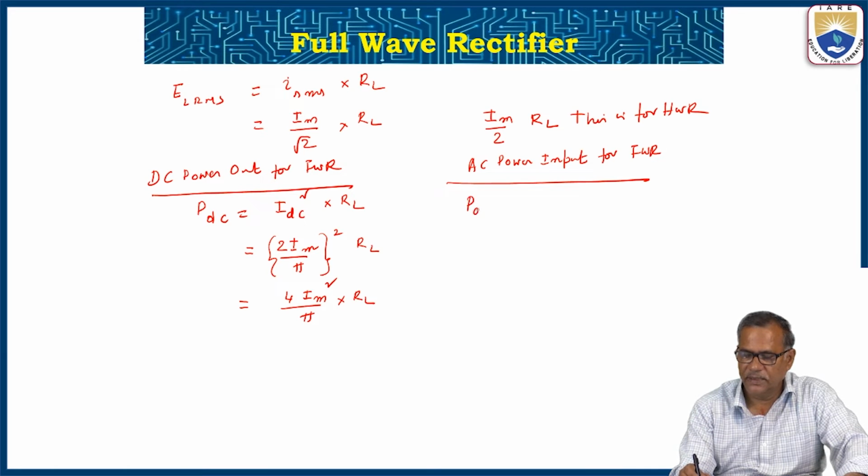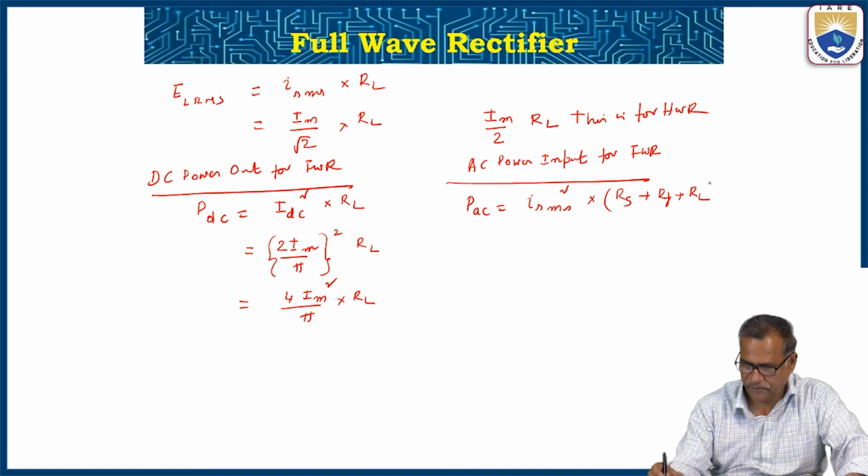So PAC is equal to IRMS square multiplied by RS plus RF plus RL. What is IRMS square?